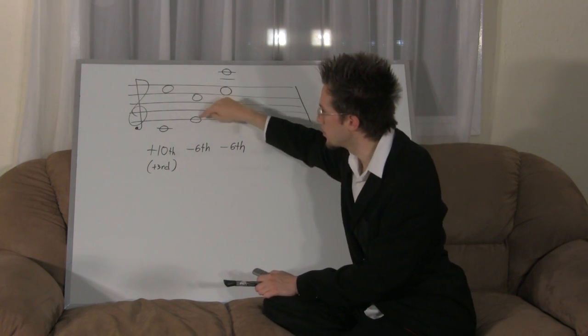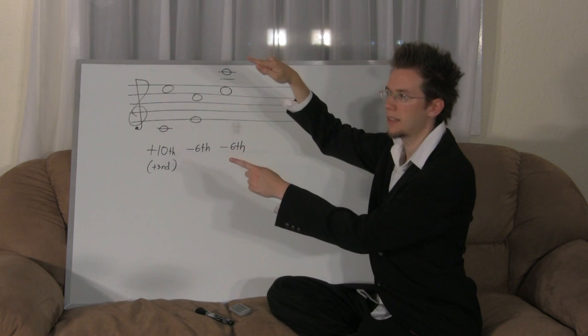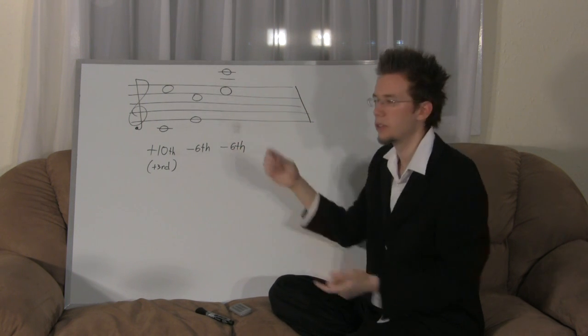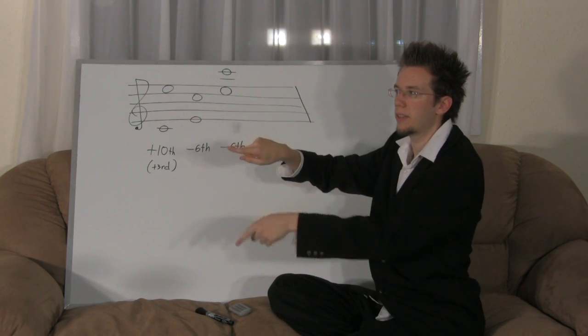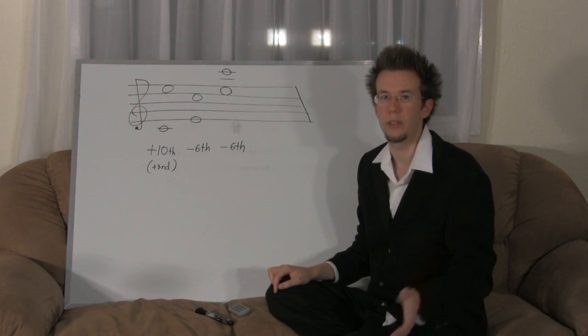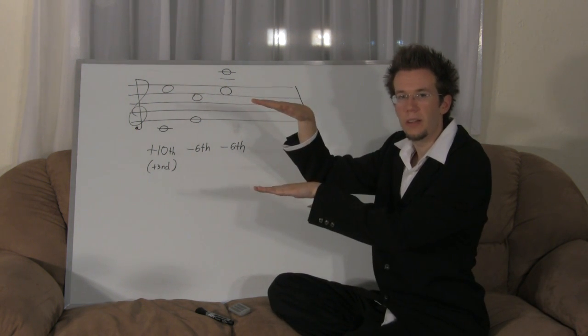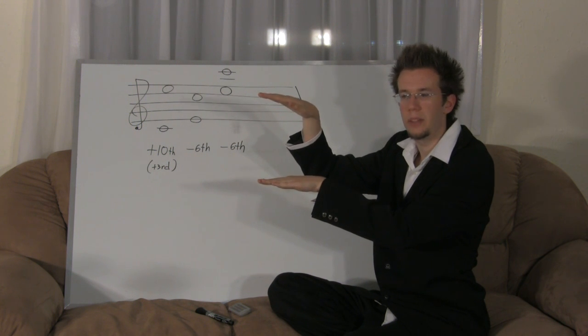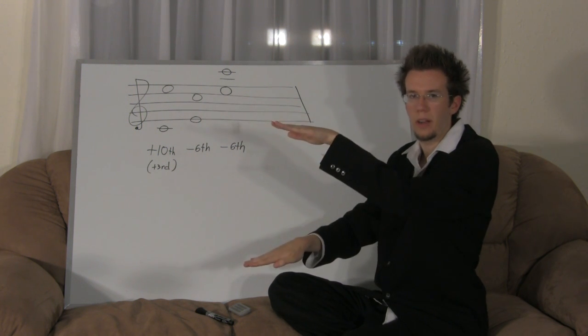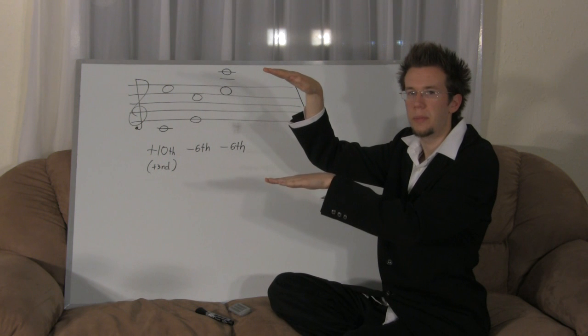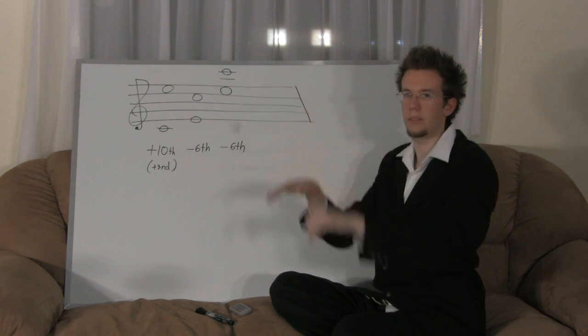So you kind of just take the two notes and switch them. This one goes down an octave, this one goes up an octave. Now it's inverted. Or you can take one note, say your top note, and move it down one or two octaves, or you can take the bottom note and move it up one or two octaves.